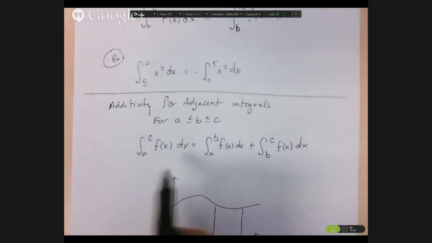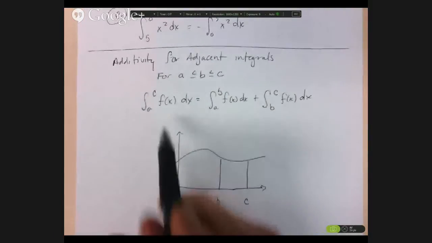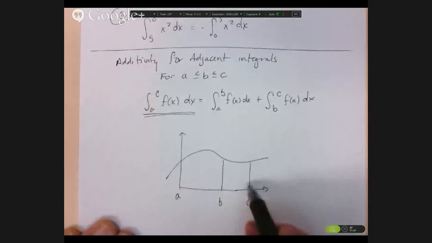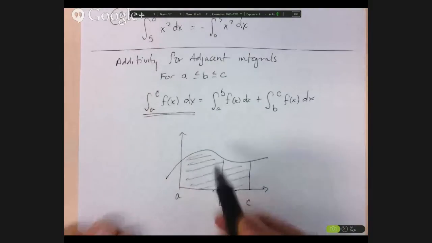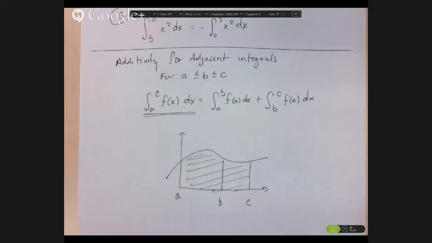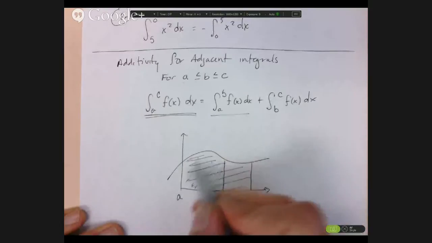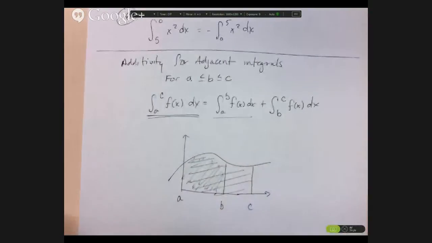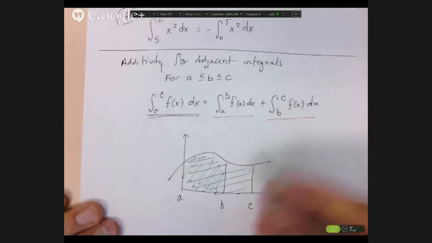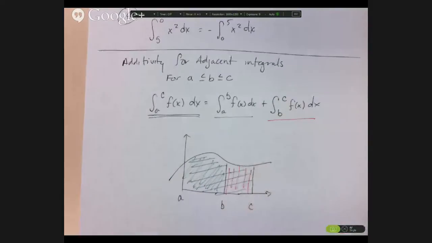Okay, so here's a picture geometrically. Here's the area from A to C, right? We can do A to B plus B to C. Does that make sense?